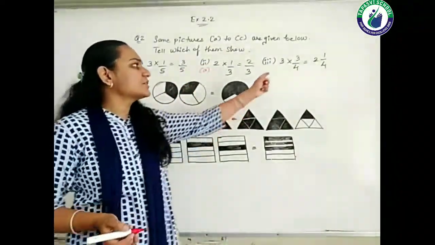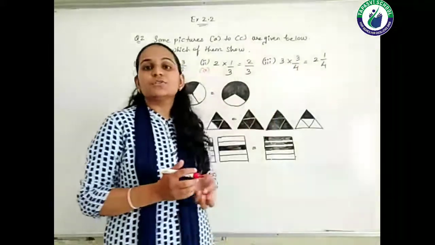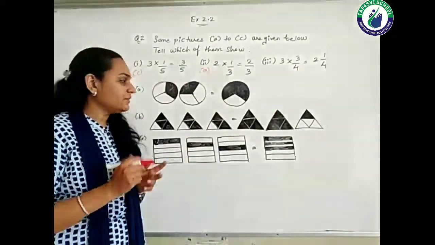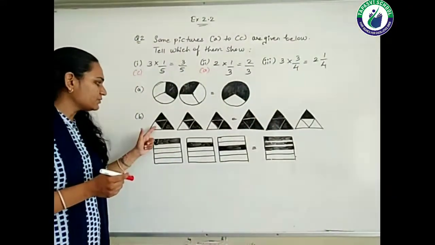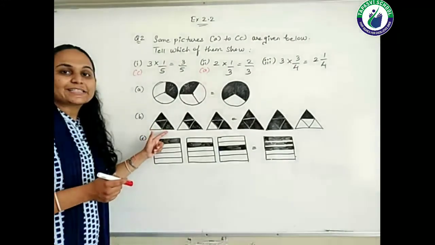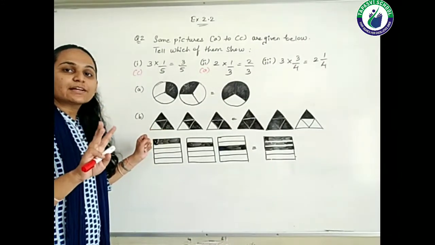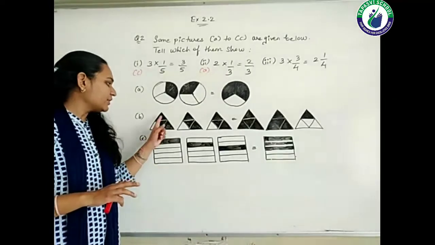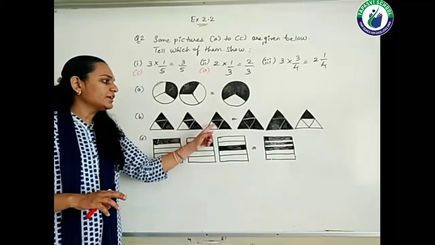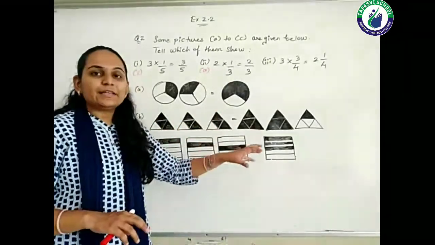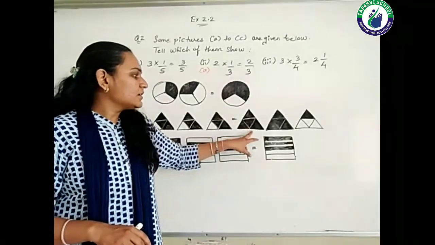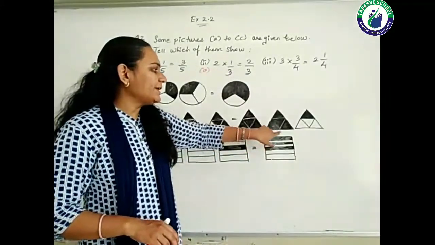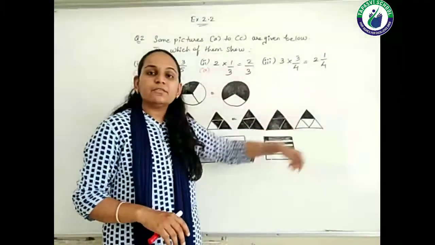And the last one, students, third, 3 into 3 by 4. So first we will focus on 3 by 4. Where do we get 3 by 4? Say this one. Total 4 sub-triangles are there, and out of 4 sub-triangles, only 3 triangles are shaded. 1, 2 and 3, 1, 2 and 3, 1, 2 and 3. So if we combine them, what will we get? These 2 triangles are complete, and one is having 1 by 4.